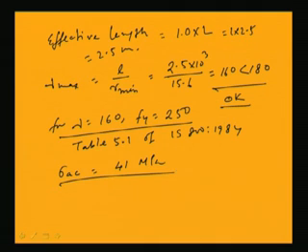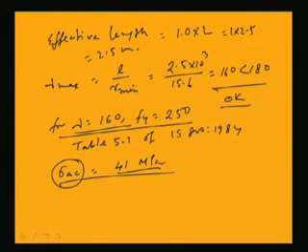So, the allowable compressive stress in the member, sigma AC, will become 41 MPa for lambda equal to 160 and Fy equal to 250 from table 5.1 of IS 800 1984, right.